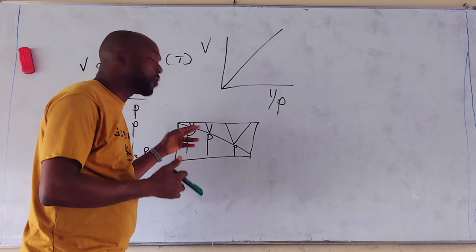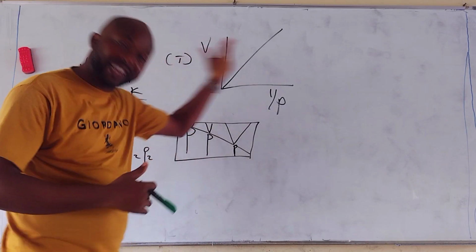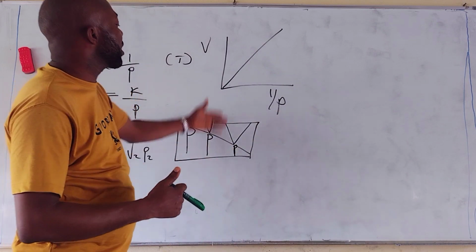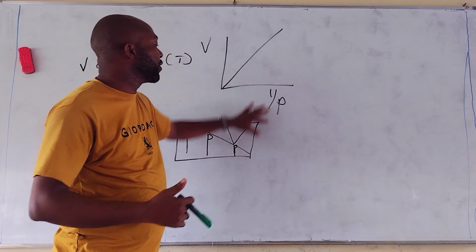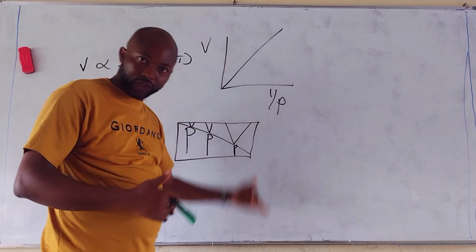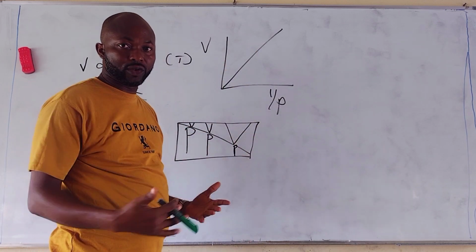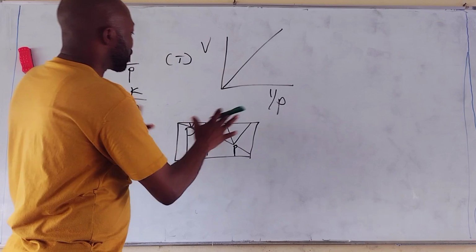So when we reduce the volume by half, the pressure will double. When we increase the volume, the pressure will reduce by half. So that is how that goes.